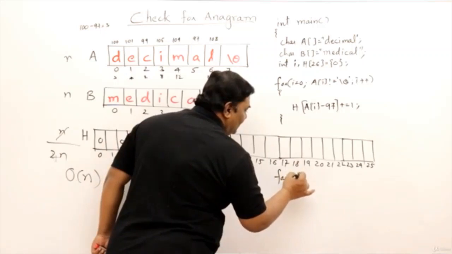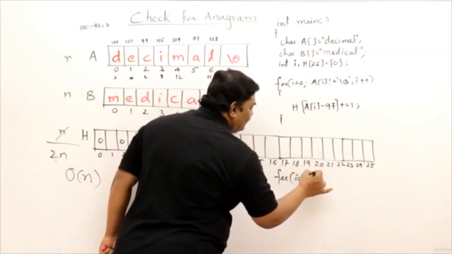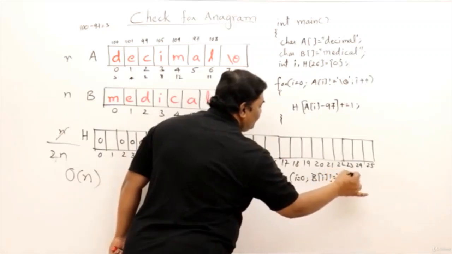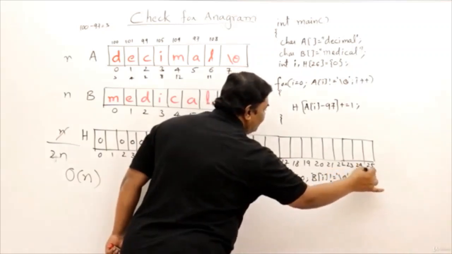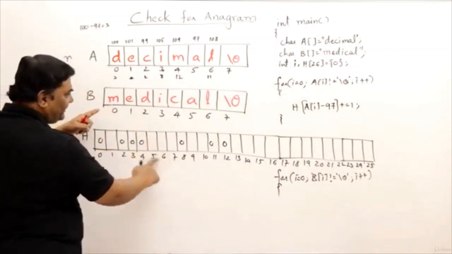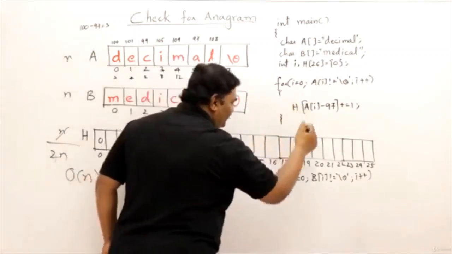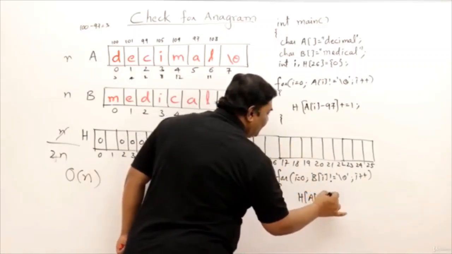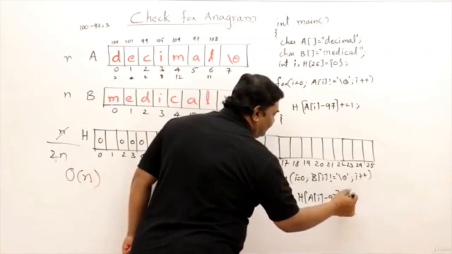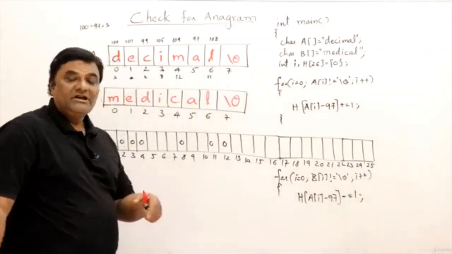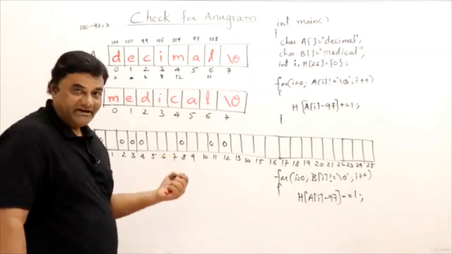Then this is over. Now the second string, again I have to scan through the second string. For i assign 0, B of i is not equal to \0, i plus plus. Then what I have to do every time, whatever the alphabet is, I should decrement at the same place. So the same thing, h of B of i minus 97, at that place minus assign 1. So 1 will be decremented. But after decrementing, check if it has become -1.